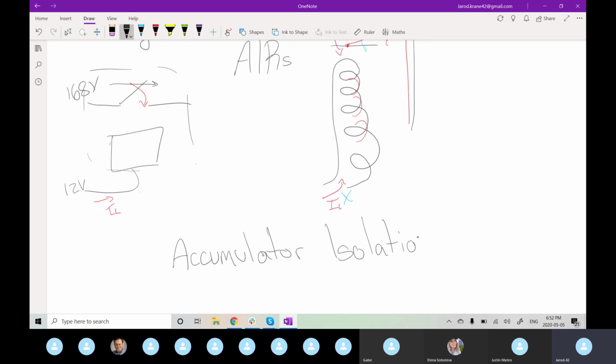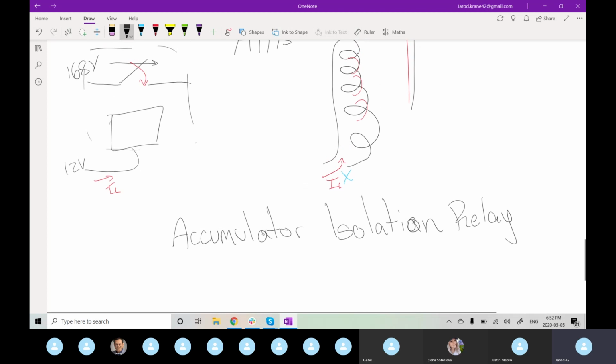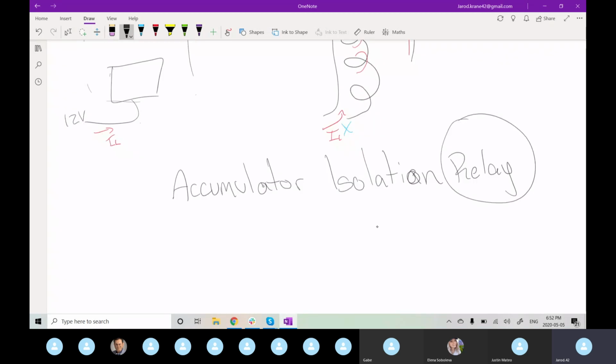All it is, it's just what we call it in the rule book for a car. That's what we call it for the car. All it is a relay, but saying it's an isolated relay from our battery pack.